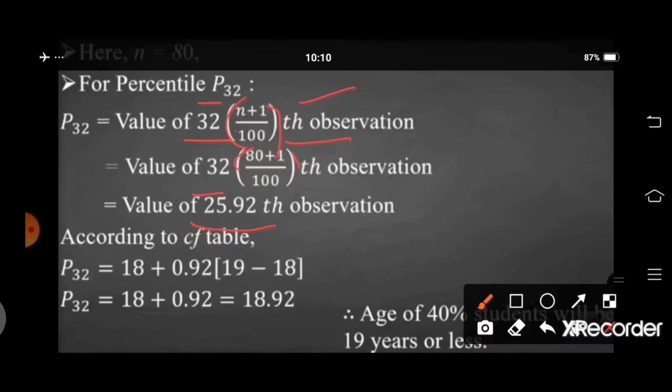Now here 25.92. So according to the CF table, if we see 25, according to 25 we will get 18 in the discrete frequency. Then what about 0.92?